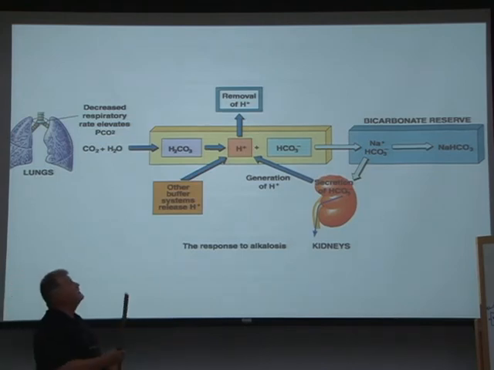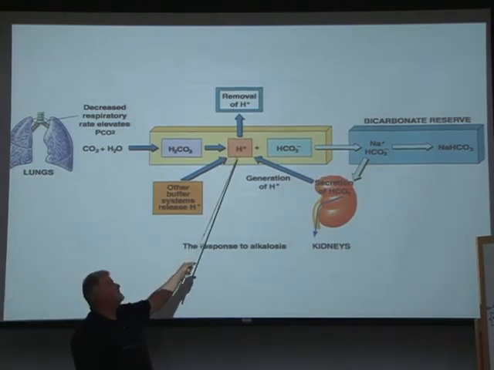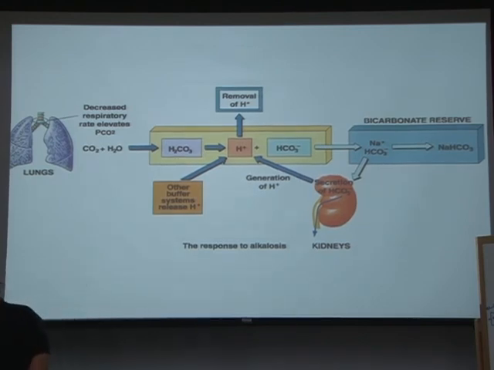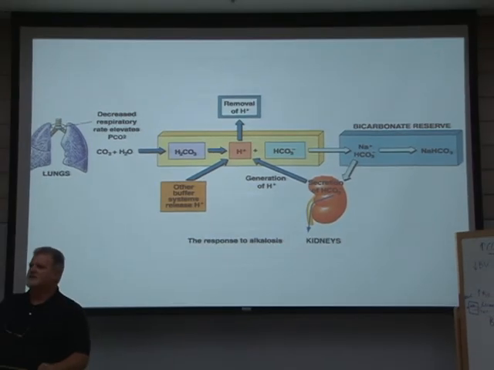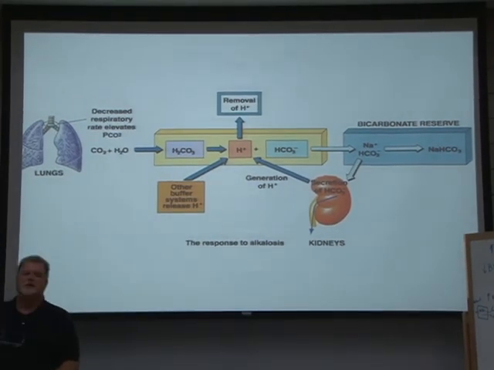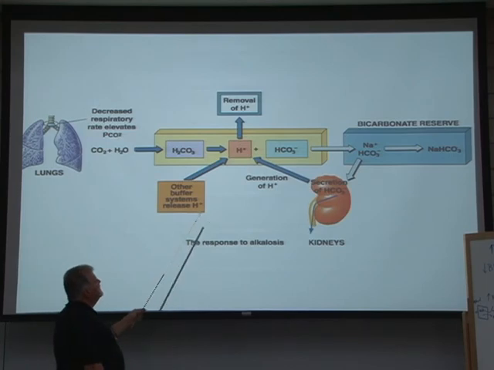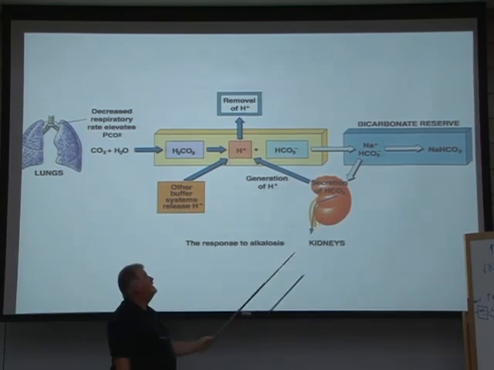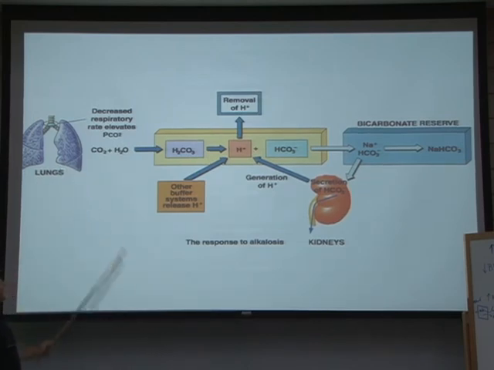So in this instance, we're losing hydrogen ions for some reason. As we're losing hydrogen ions, the blood is becoming more basic, and so the patient's in a state of alkalosis. If we're in a state of alkalosis, then the kidney would try to help us, and the lungs would try to help us.